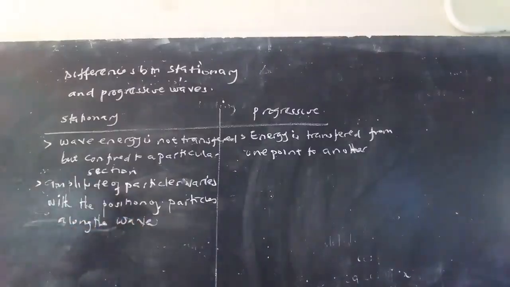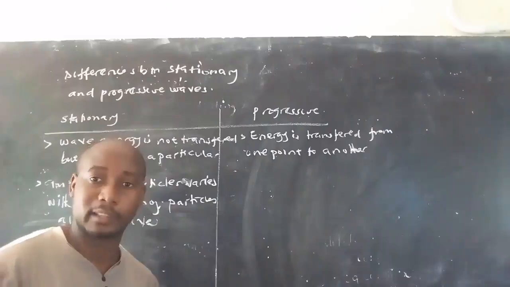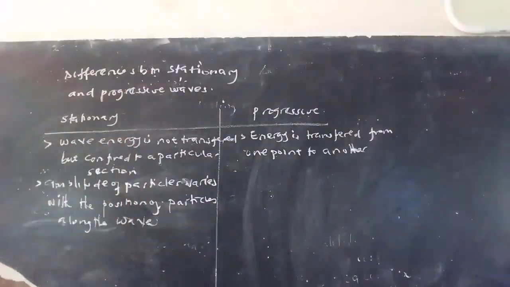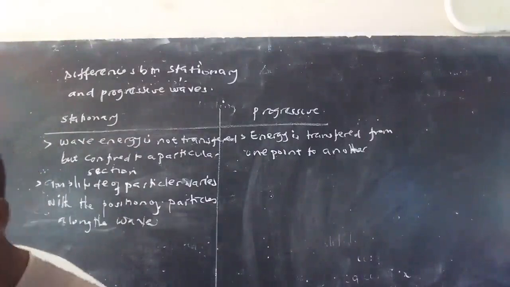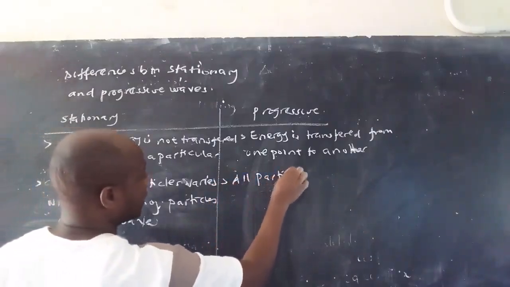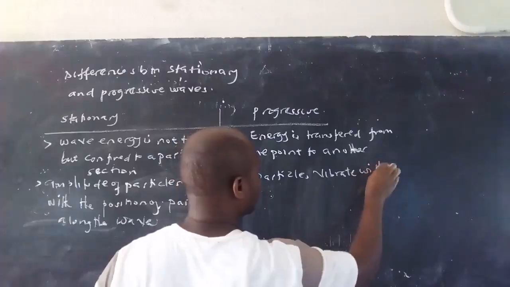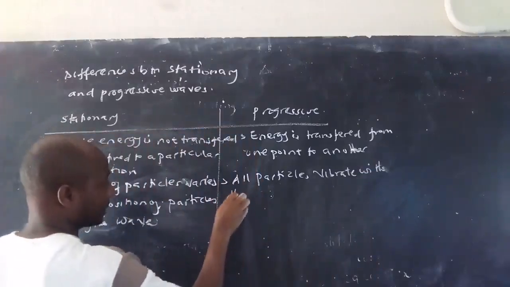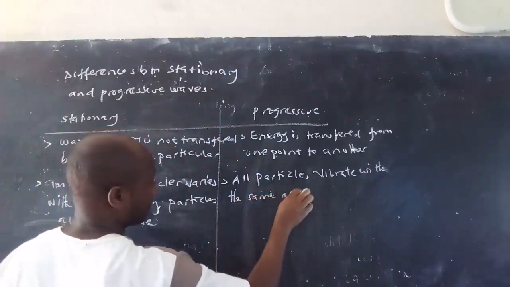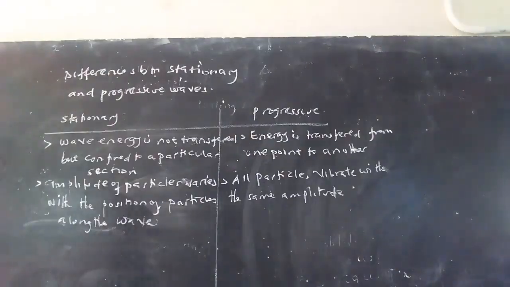You will see that the amplitude is 2A cos(2 pi x over lambda), so it varies with x. Under the other side, all particles in the medium vibrate with the same amplitude.